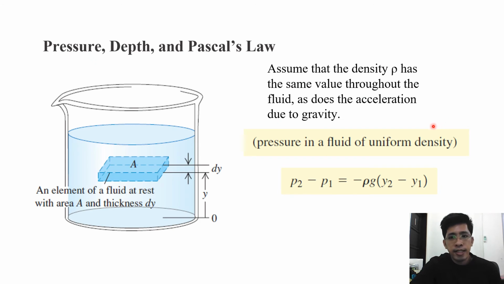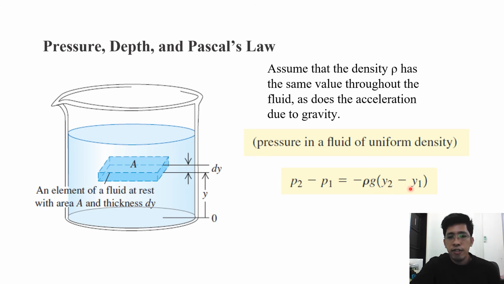Assuming again that the density rho has the same value throughout the fluid, as does the acceleration due to gravity, we can find that the pressure in a fluid of uniform density is given by P2 minus P1, which is equal to negative rho g times (y2 minus y1).